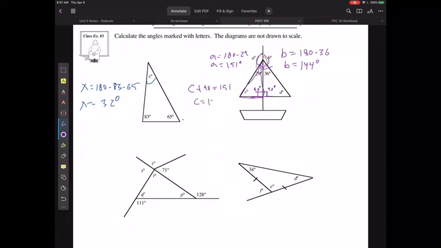C is going to equal 151 minus 90, or angle C is going to be 61 degrees. The other way I could have done it, which we're going to do with D, is I know that inside of a triangle, it all has to add up to 180, like we did with the last example, which means that D should equal 180 minus 90 minus 36. So D is going to be equal to 54 degrees.